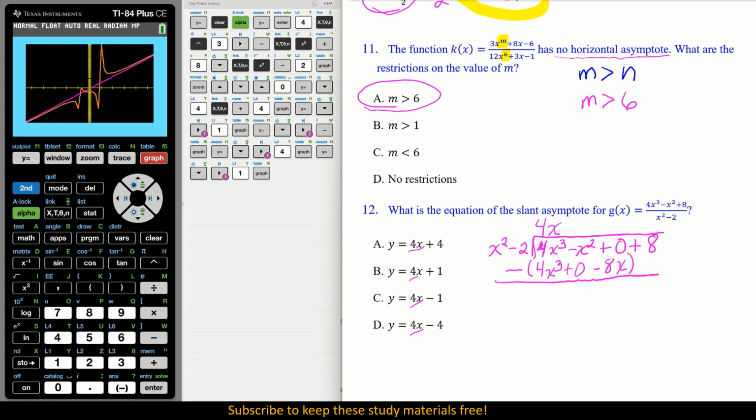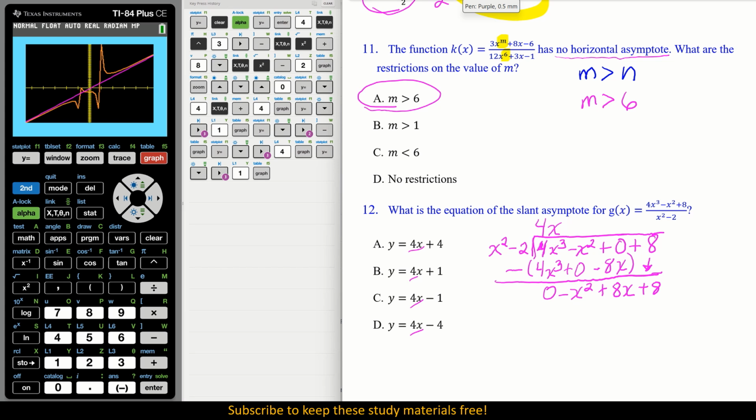Okay, so let's subtract this out. Well, of course, we get 0. This is 0. This is minus x squared. And then minus 8x is plus 8x. Bring down that 8x. Plus x. Excuse me, the plus x hanging on in the end there.